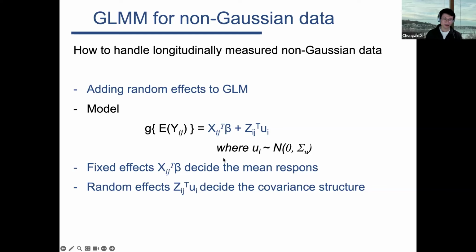The roles the fixed effects and the random effects play are similar to what they did in linear mixed effects models, in the sense that the fixed effects decide the mean response, and the random effects decide the covariance structure, really the within subject correlation structure.